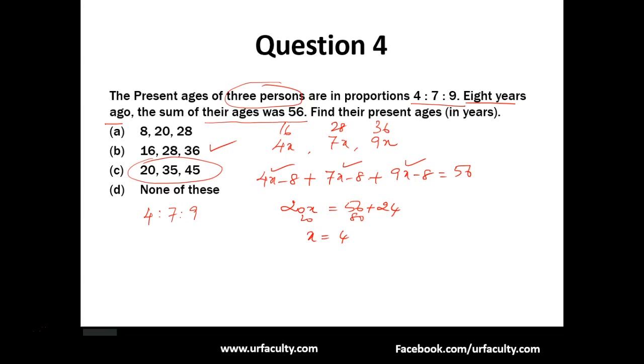If you look at this option, if you divide all by, sorry, all by 5, what do you get? You get 5 4s are 20, 7 5s are 35 and 9 5s are 45. So these are the only two options which are conflicting in this case. If this option was not like this, then you can straight away arrive at the answer by taking these proportions and substituting it over here. Okay, moving on.